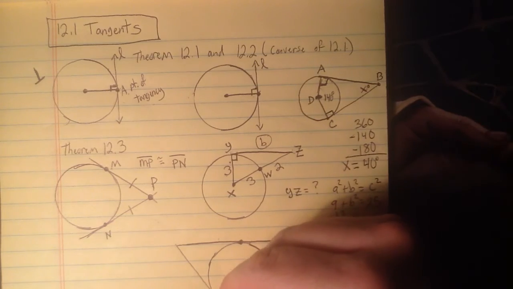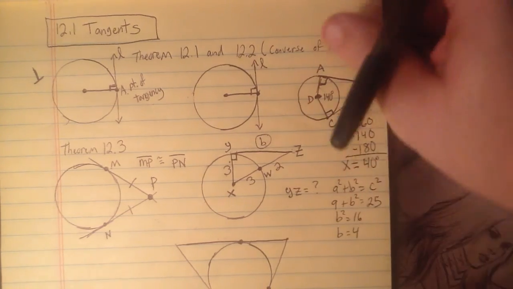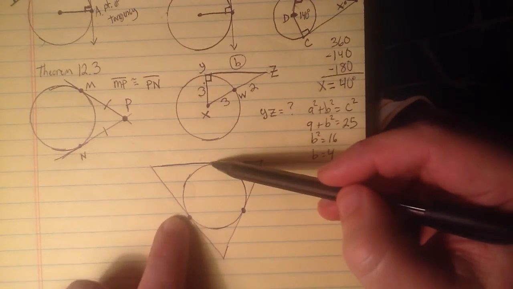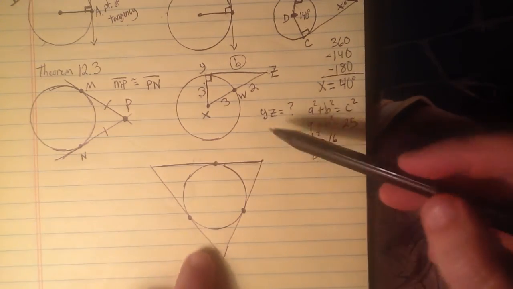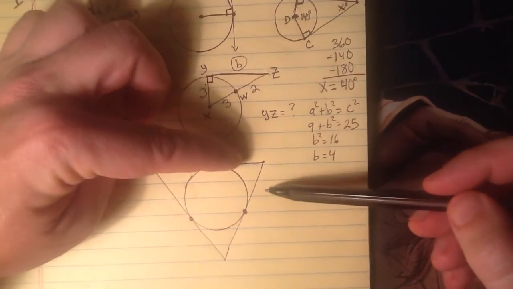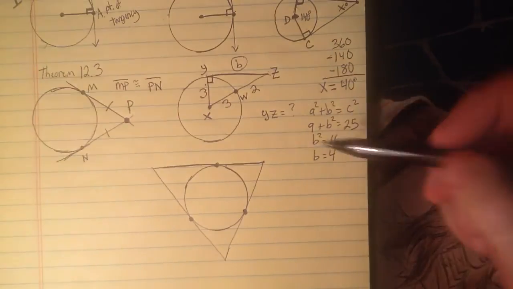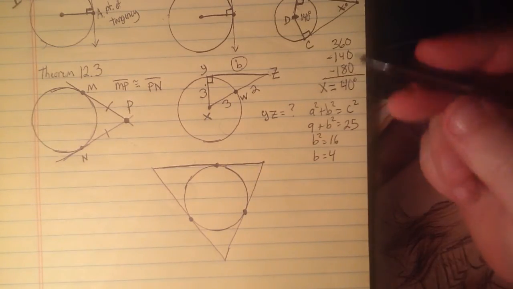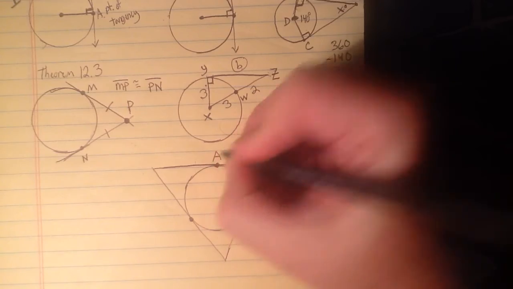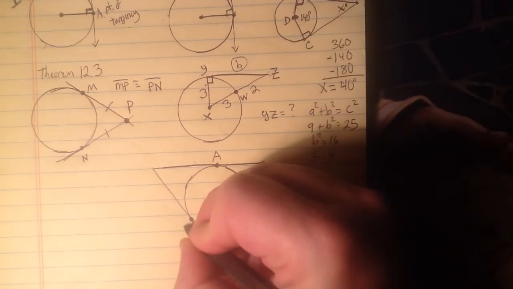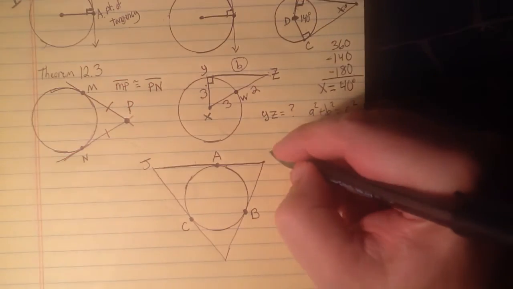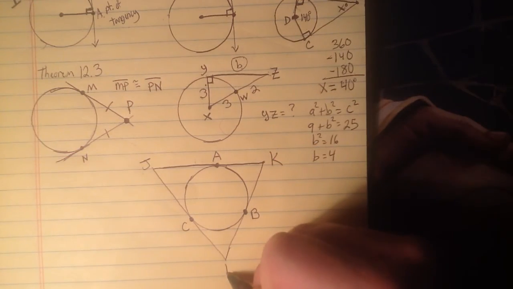Not too bad. Let me go ahead and move this up so you can see a little bit better. So here we've got two tangents here and here, two tangents here and here, and then two tangents, of course, here and here. Let me go ahead and label these. We'll call this A, B, and C. We'll call this one J, K, and L.